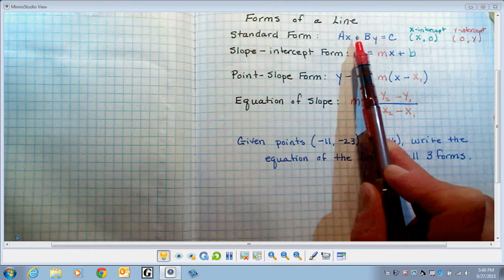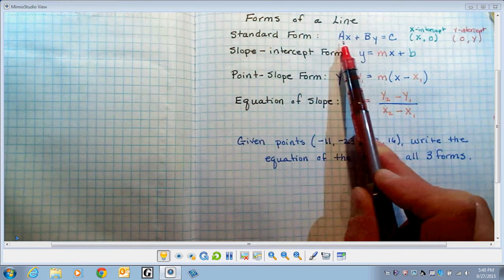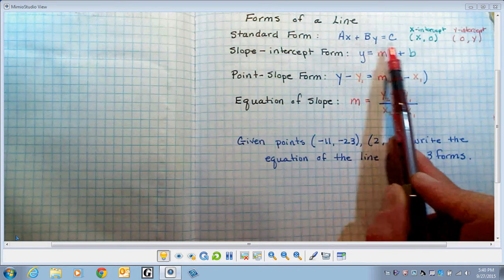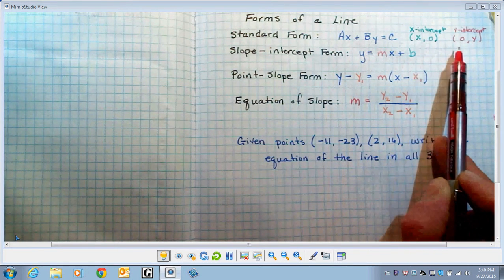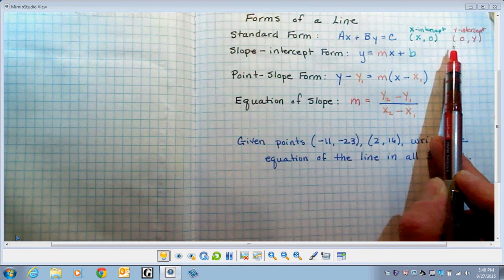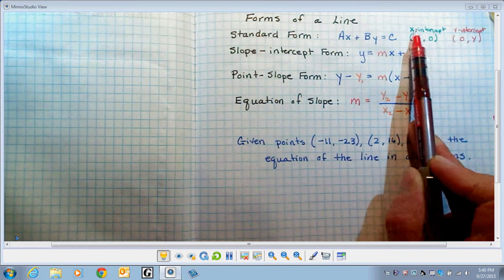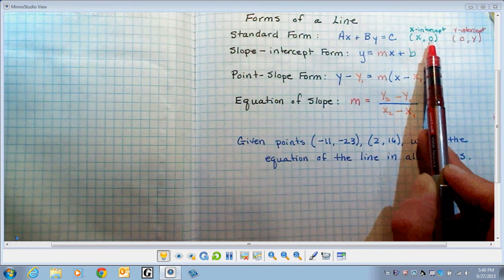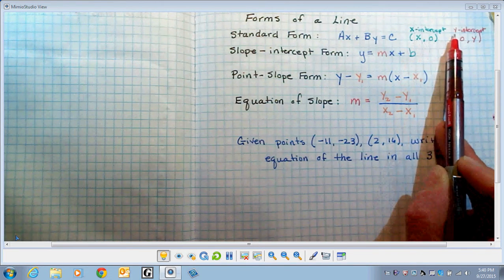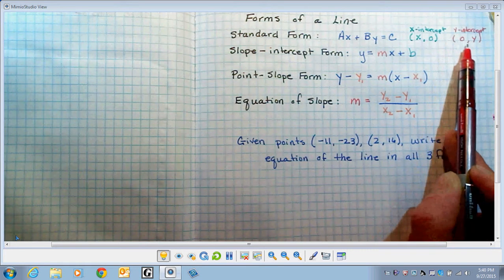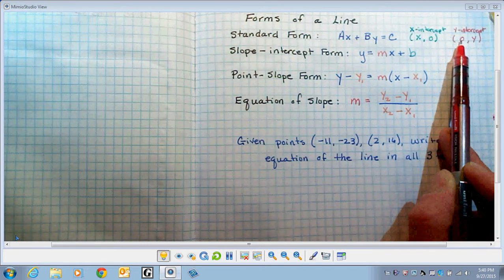So whenever we're using standard form, the most helpful thing with standard form is to find the x-intercept and the y-intercept. That's why I put that there. So you need to memorize that the x-intercept is x is some number when y is 0, and the y-intercept is when y is some number and x is 0.